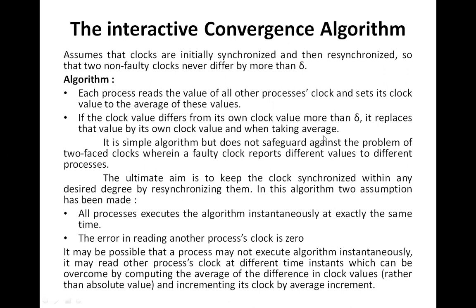So whatever average we have taken, if the average value drifts more than delta from its own clock value, then we take the own clock value and the average value, take the average, and replace the clock value by that. So this seems to be a very simple algorithm.